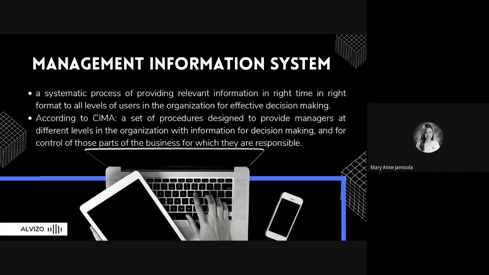So according to CIMA, MIS is a set of procedures designed to provide managers at different levels in the organization with information for decision making and for control of those parts of the business for which they are responsible.